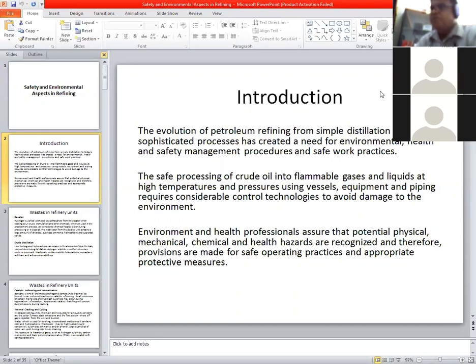As a process engineer or petroleum engineer, it is not enough only to know what the emissions are, gaseous, water or solid. You should first know what emissions come out from the refinery, but our responsibility is also to provide the solution, how to control or minimize the pollution.